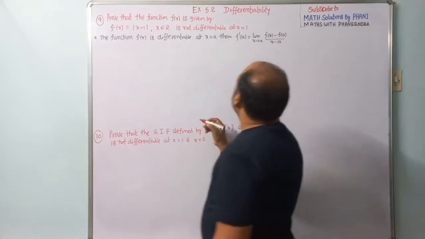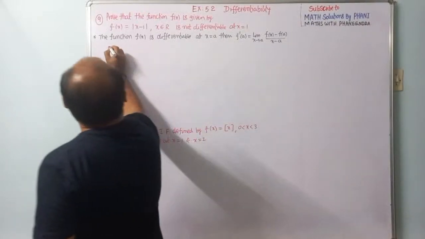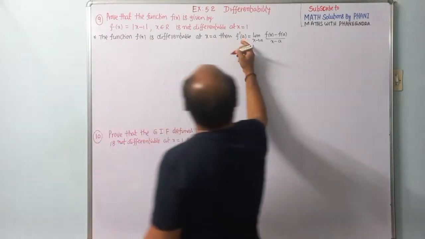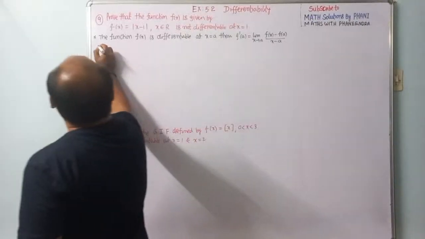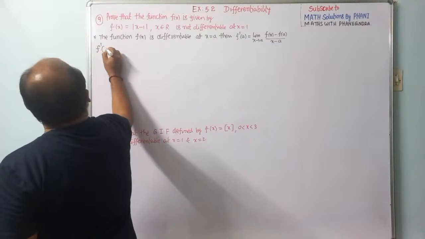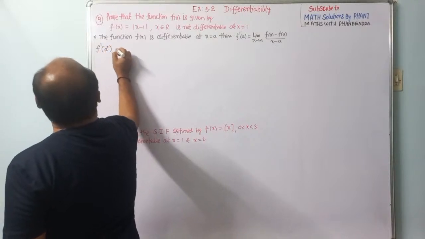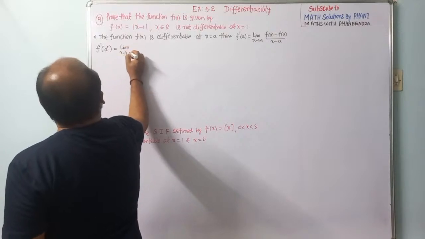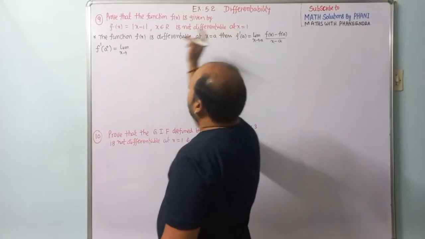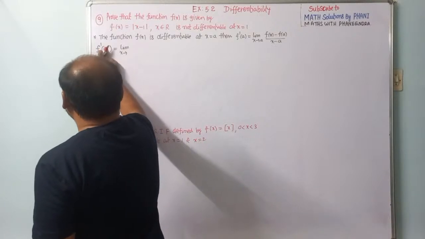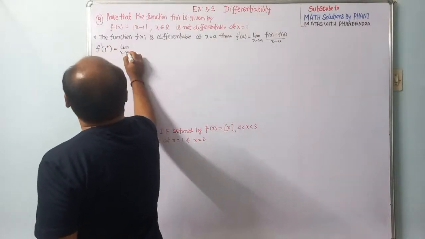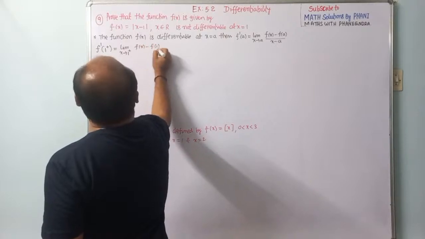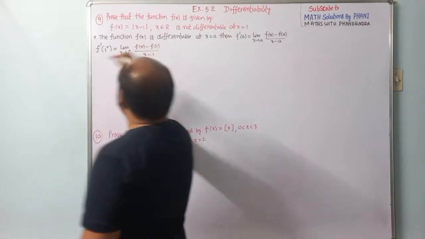So here I am going to verify f dash of a, that means f dash of 1 plus, the right hand derivative. Limit x tends to 1 plus, f of x minus f of 1 divided by x minus 1.